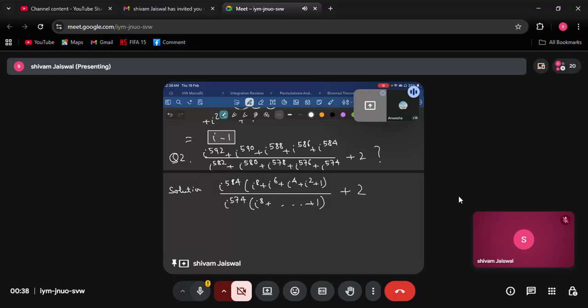Madhujo, right answer. Pratyay, your answer is correct. Shubhangi, you forgot to add 2, I guess. This will be iota to the power 10 plus 2, which is minus 1 plus 2, which is 1.